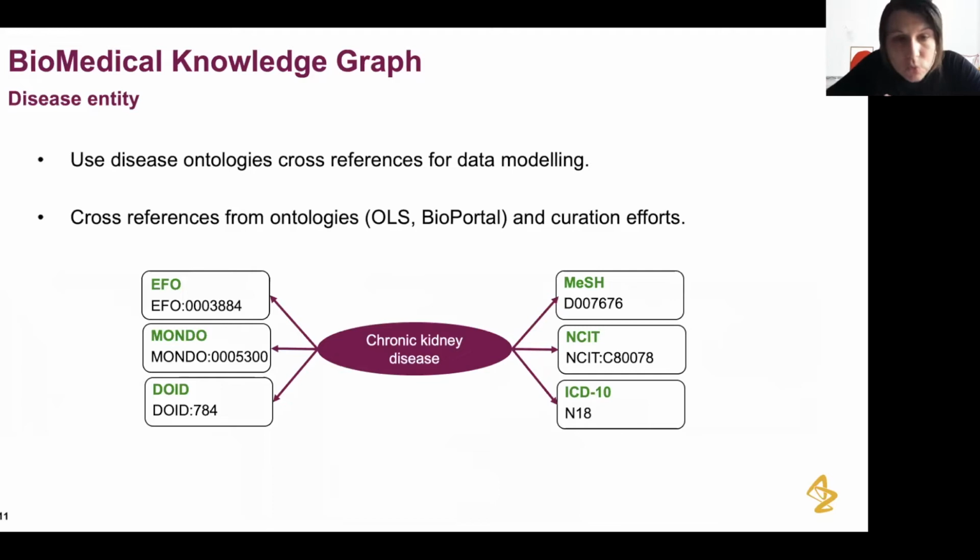It's a solvable problem in a way, because some of the ontologies have cross-references. So you can find that this chronic kidney disease in EFO actually has this ID in the MeSH ontology. So we can find cross-references, and if not, we can do some curation in order to put all these IDs together. So it is possible.